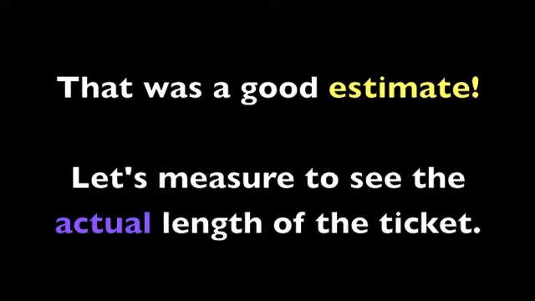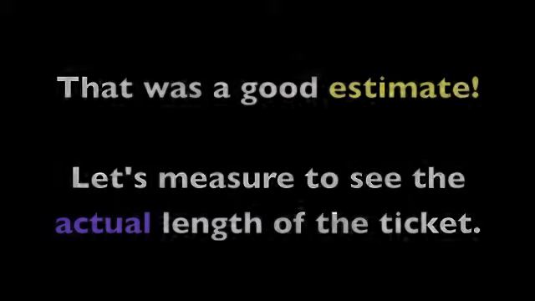This is about 1 centimeter long, so I have about 1, 2, 3, 4 pinkies that can fit along the length of this ticket. So that equals about 4 centimeters. Okay? That was a good estimate. Let's measure to see the actual length of the ticket.